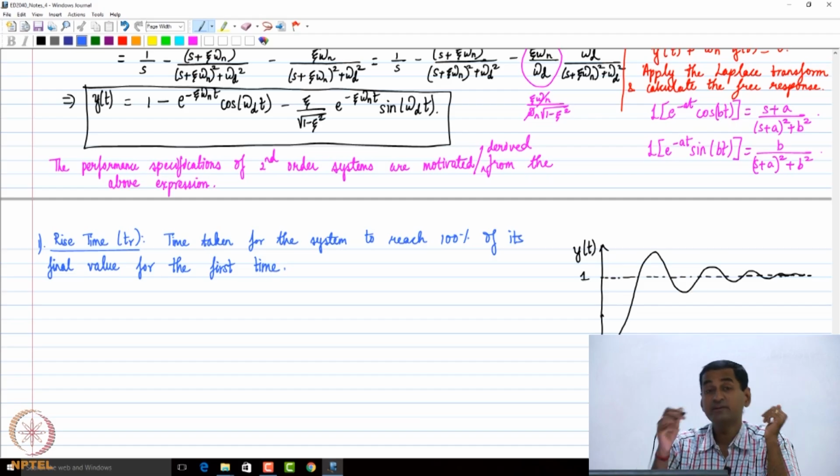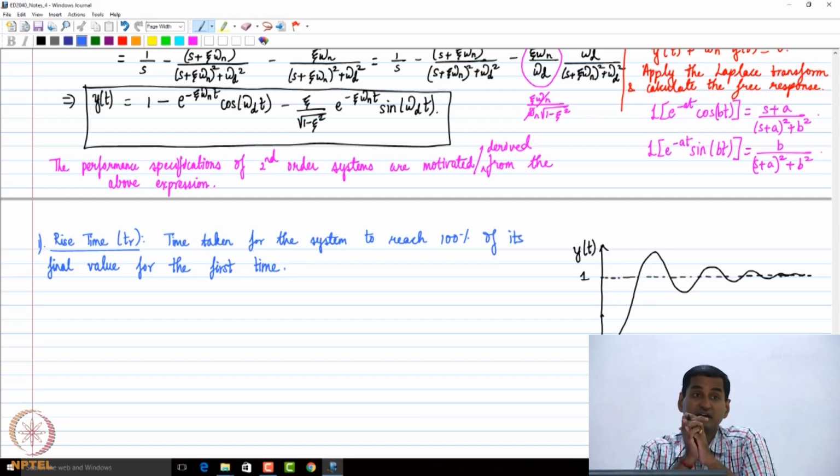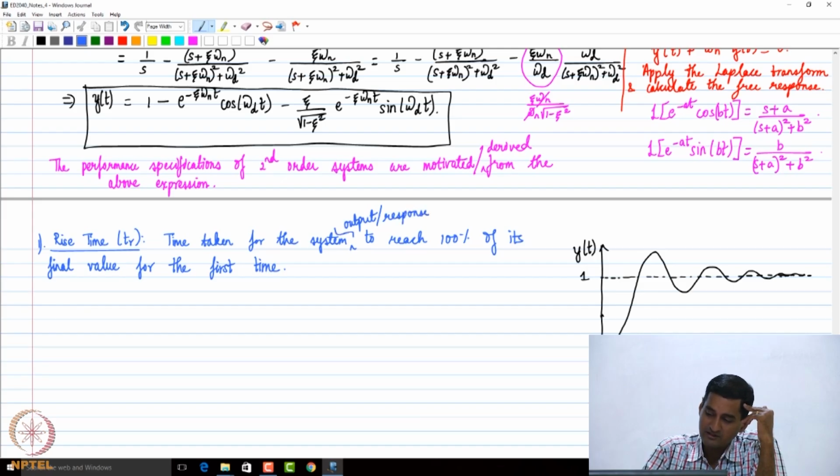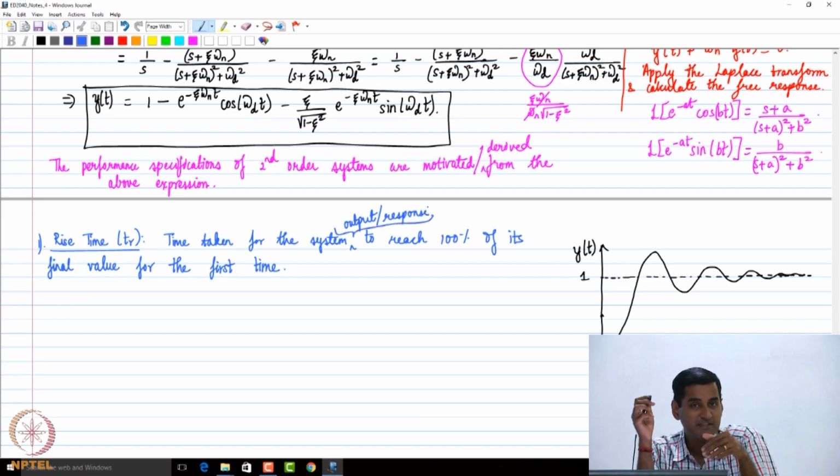We'll also shortly see that if you have a critically damped or overdamped system, we are going to reach 100% of the value of the output, the final value. This is the time taken for the system output, or the response. Please note the premise behind these parameters: we are looking at the unit step response of a stable underdamped second order system.